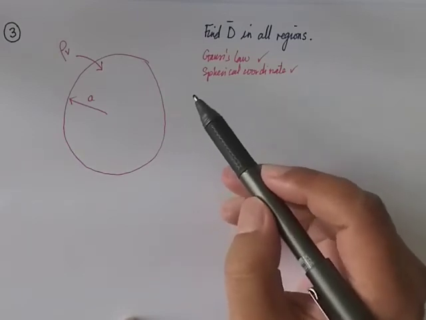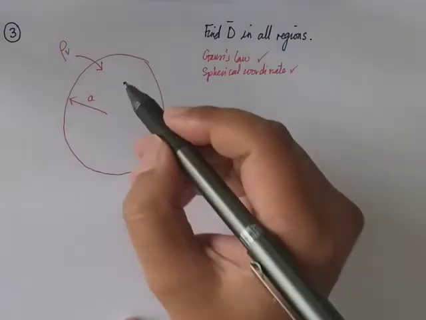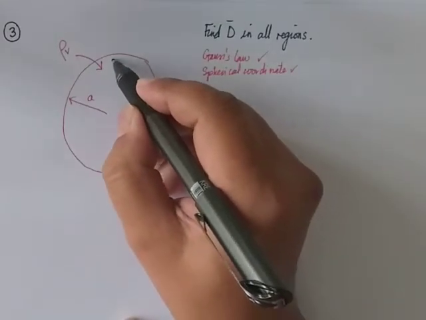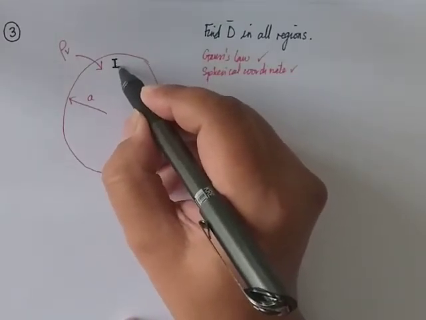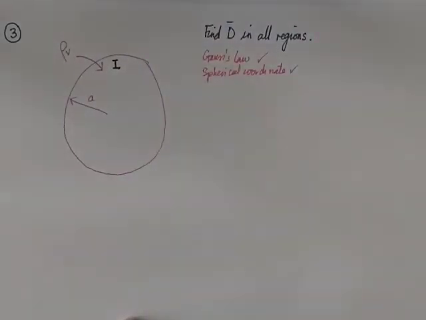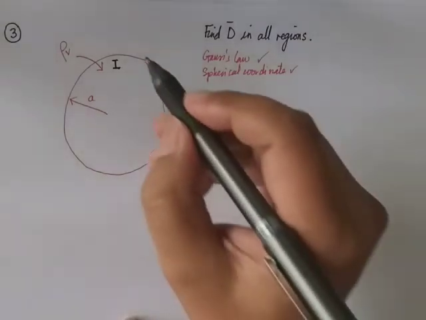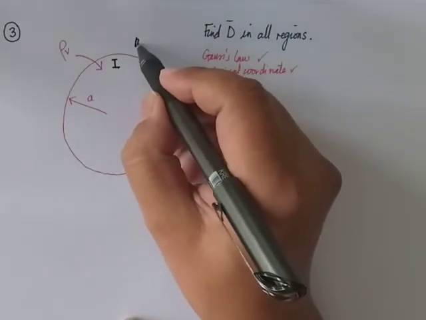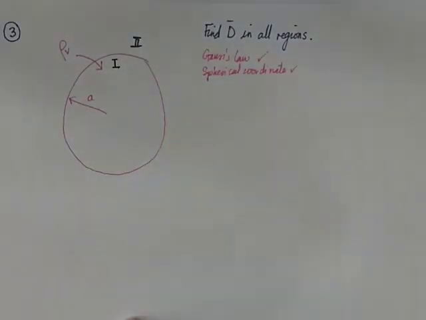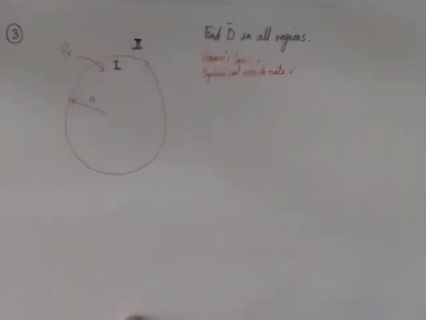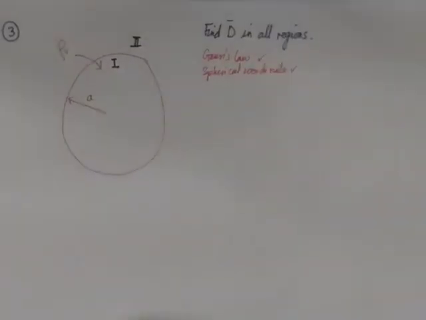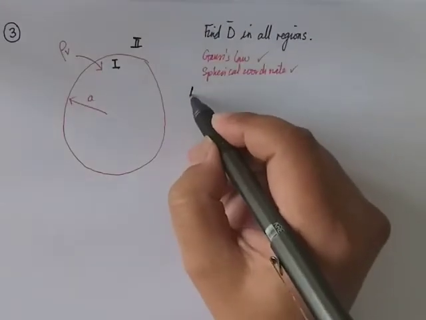So to make it easy, I'm going to assume this to be my region number 1, which is inside the sphere, and region number 2 is going to be outside the sphere. So I've segregated the area to make this problem more manageable. First I'm going to focus on region 1.